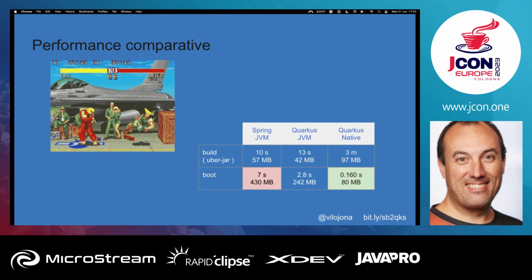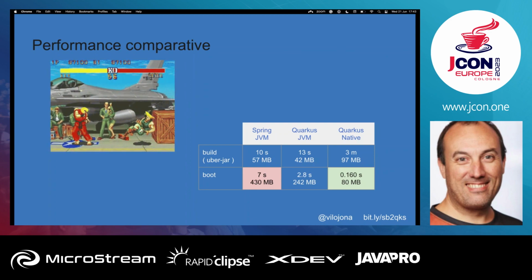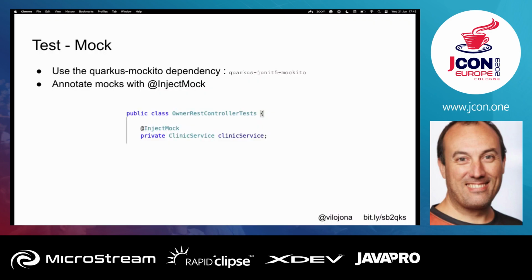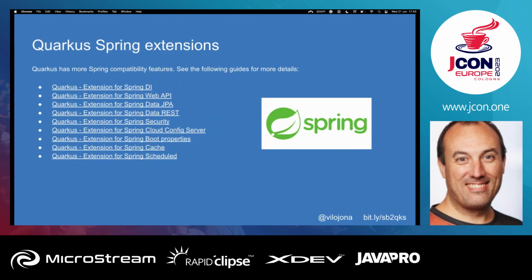I should check, but from what I know at the moment that I did the migration, these were the libraries or extensions covered by Quarkus. Definitely Spring has way more extensions, so if you are using one of them, then you cannot use this approach. You need to check one by one.